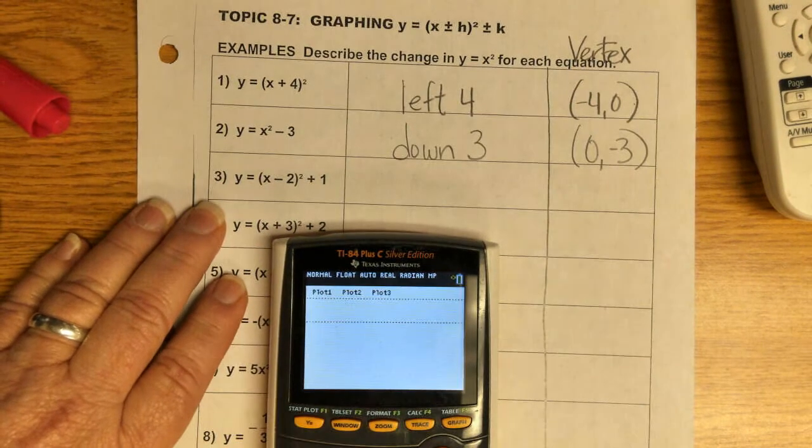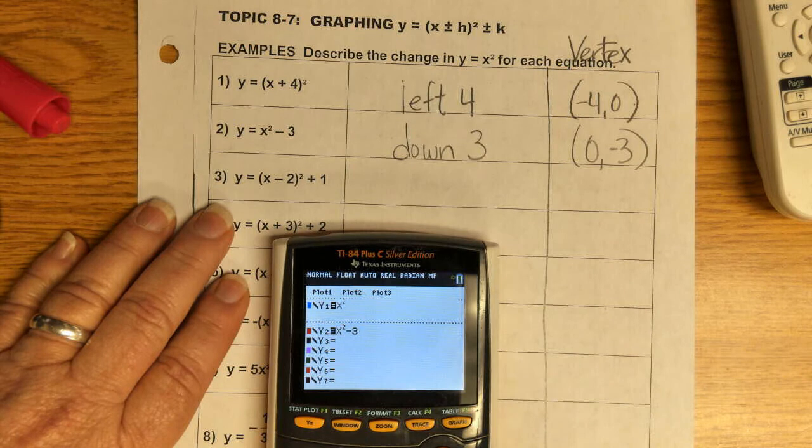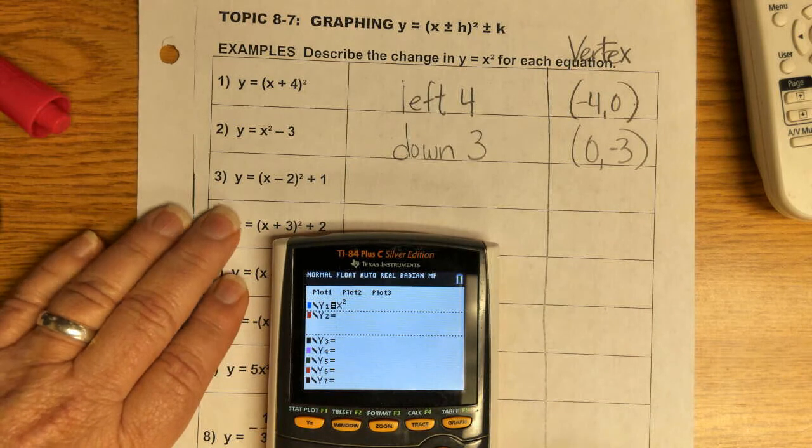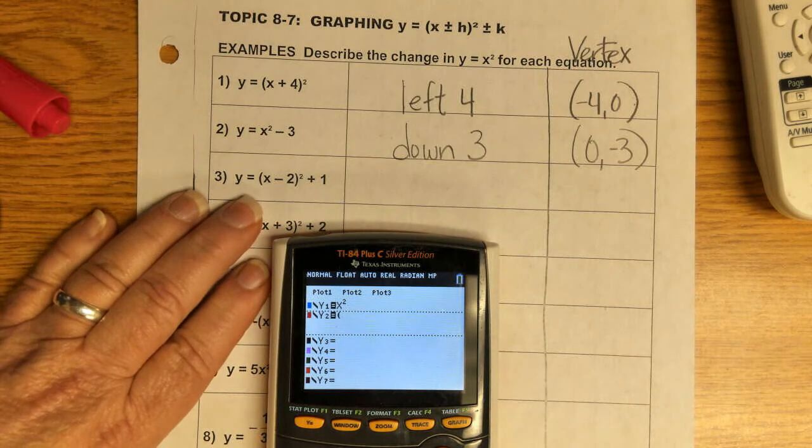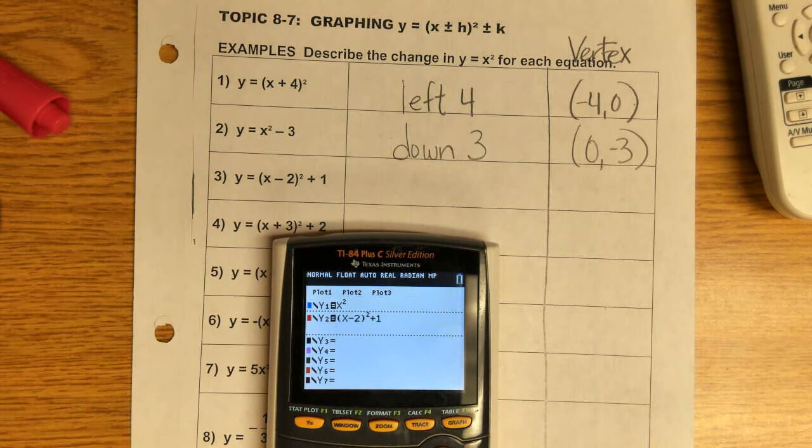All right, this shouldn't be too difficult for you. Let's go to y equals, and let's change y2, clear that out and put in (x minus 2) squared plus 1. So we're just kind of adding everything together. When we add a 1 at the end, let's see what happens here.